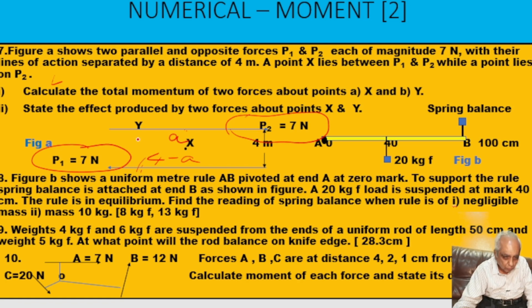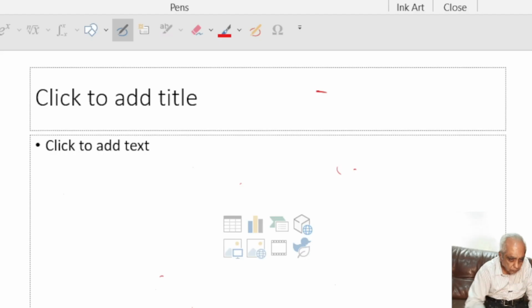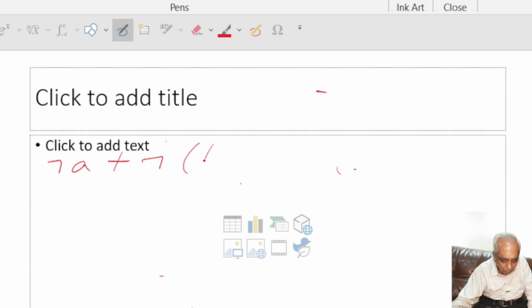So I'll get 7A plus the other force is 7 and distance was 4 minus A. This is the total moment in clockwise direction.